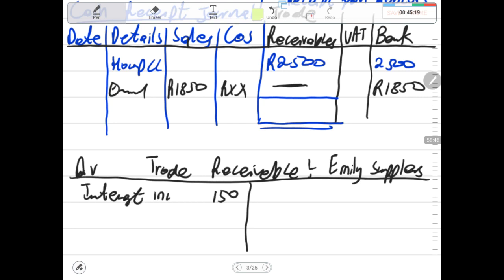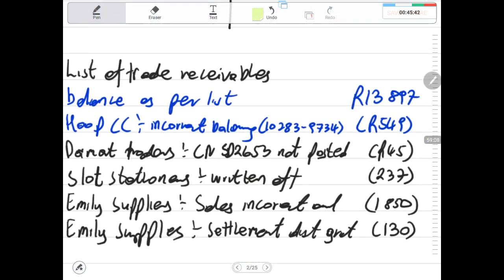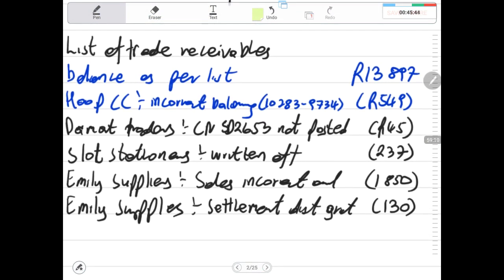Sorry, not interest expense, interest income. Now I'm saying it from the different viewpoint. Now this was recorded here as interest. Then now it was recorded very well in the Emily suppliers. Remember, this amount that comes from the ledger account of the customer will be recorded in the list of debtors under the account of the customer.